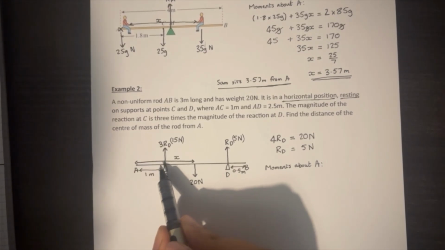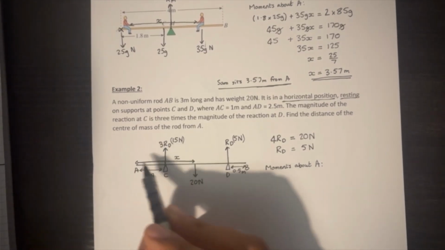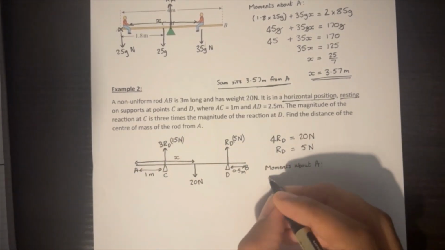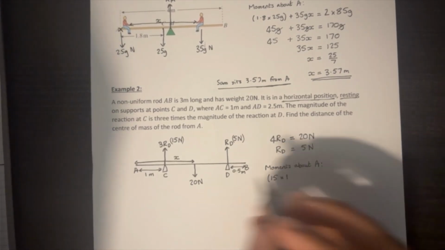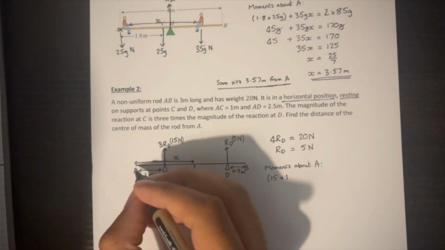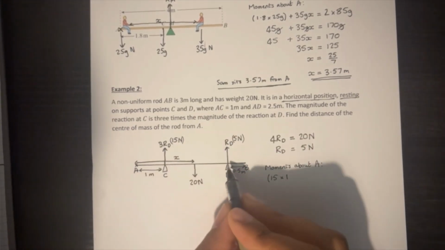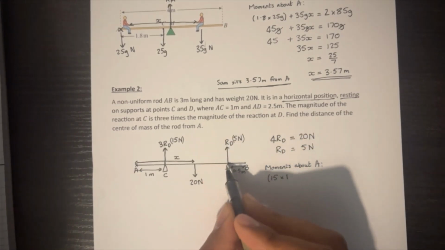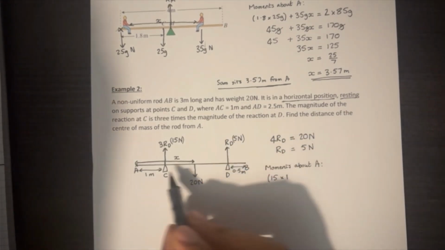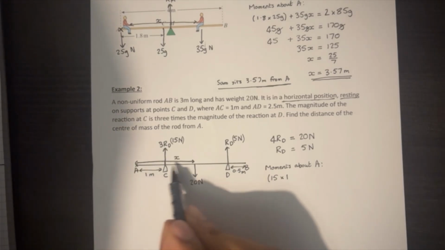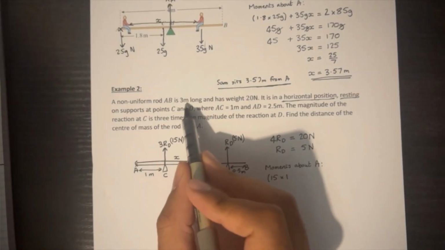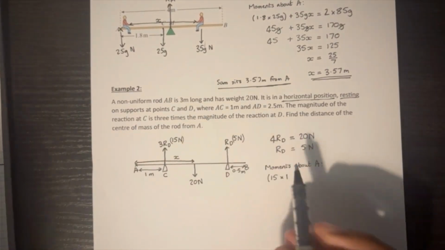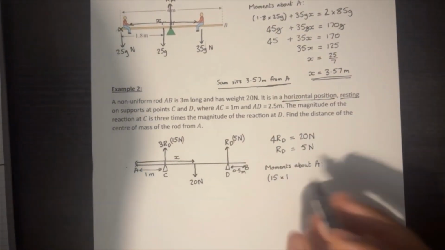I've got the force 15, the distance 1. So I've got 15 times 1. And I've also got, if I'm using A as my pivot, the 5 being multiplied by this distance, which must be 2.5, since that's 0.5 and the rod had a length of 3 meters. This distance must be 2.5.